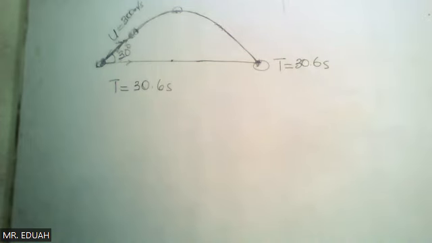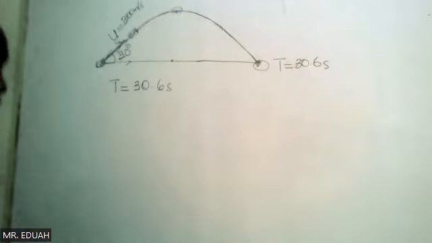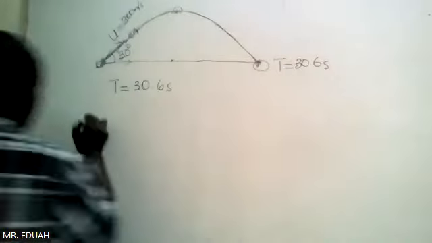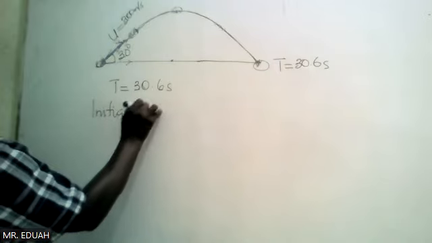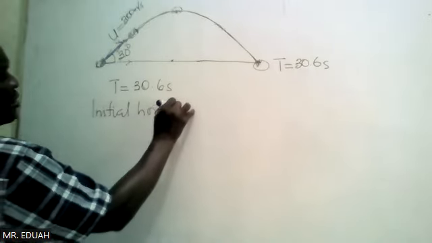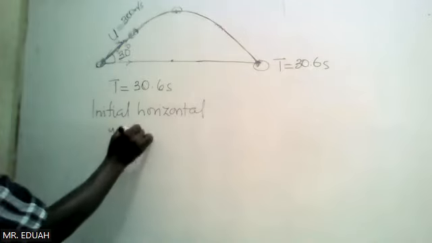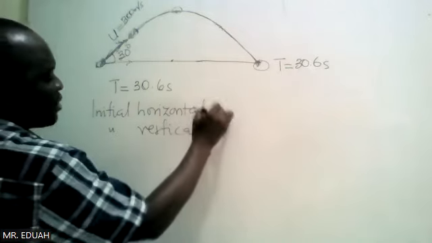Okay. Determine (i) the initial horizontal and vertical components of the velocity. How do we find the initial horizontal and vertical velocity? Initial vertical velocity.